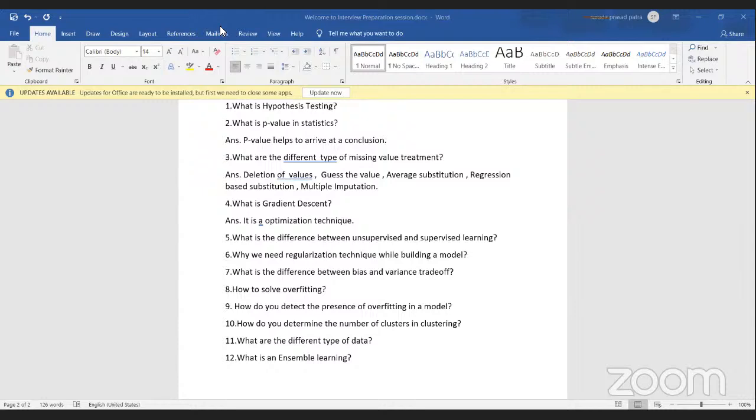Yeah, you guys are correct. Ensemble learning is the art of combining more than one model to predict the final outcome of an experiment. Commonly used ensemble techniques are bagging, boosting, and stacking. Yeah, Sujat, you are correct.